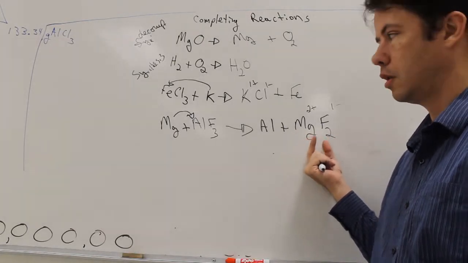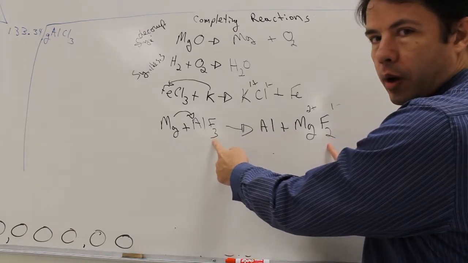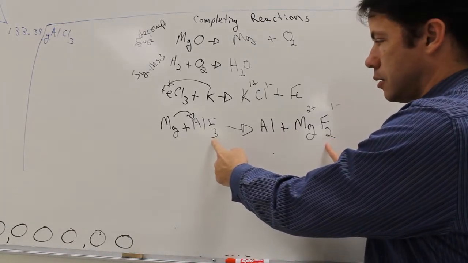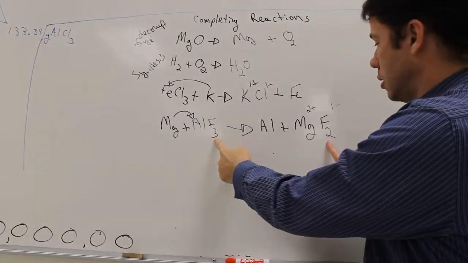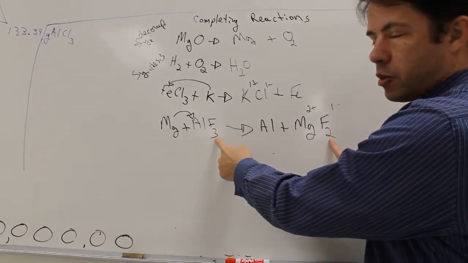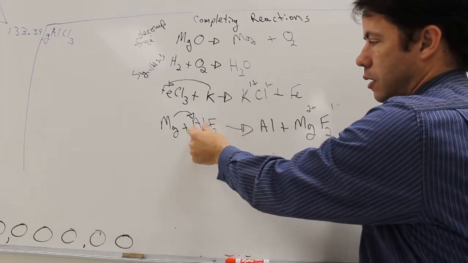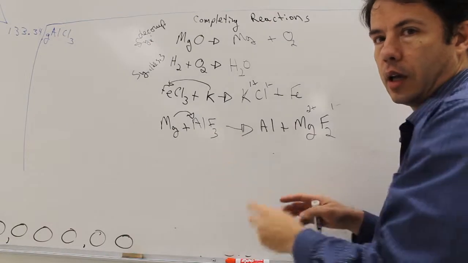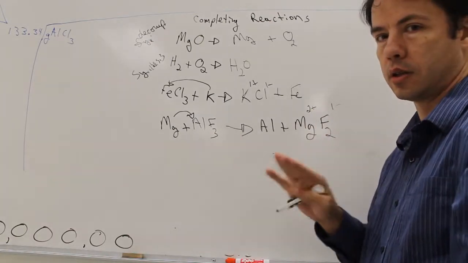Now, what's confusing about that is you probably remember from 8th grade and IPC that eventually, yes, we are going to balance those. But we don't balance them with the subscript. The subscript is based on how these two elements react with each other, and that's pretty much set by doing the crisscross, and that doesn't change.